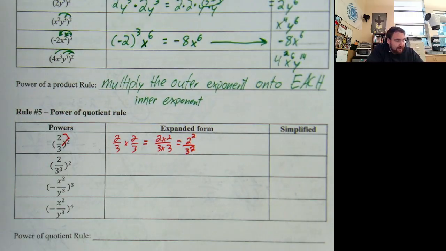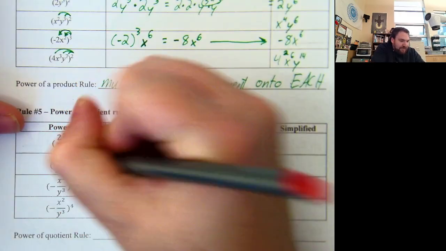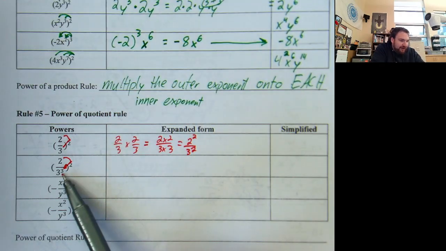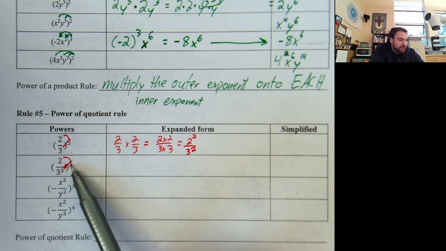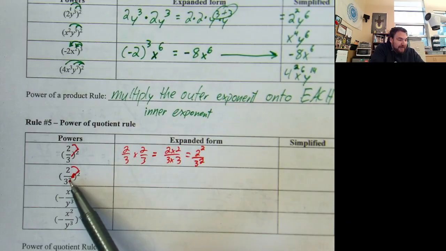Let's look at the next one. Presumably the same thing's going to happen. That exponent is going to get up top and it's going to get down below. But now I've got the added little snaggle here of having another exponent in the denominator. When you've got something to a power, what am I going to do here? It's the same thing we did up here. I'm going to multiply the exponents together.